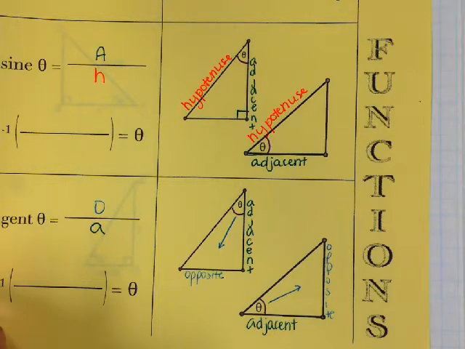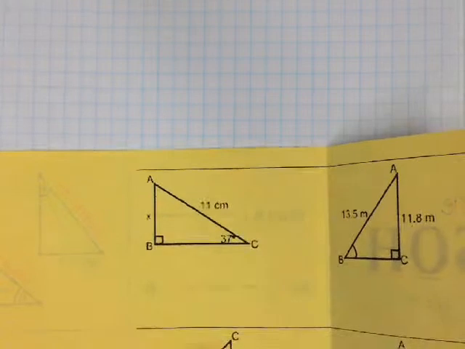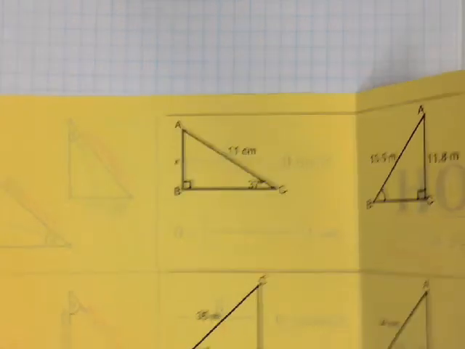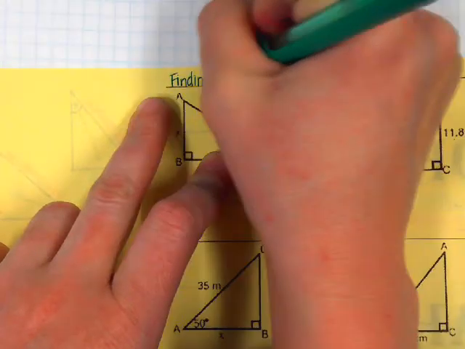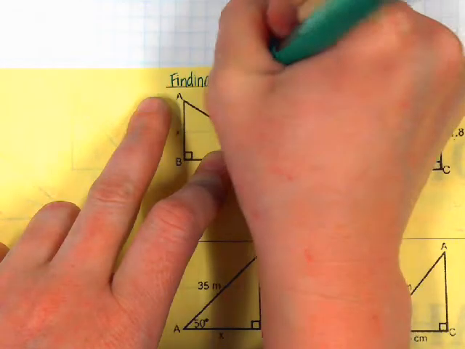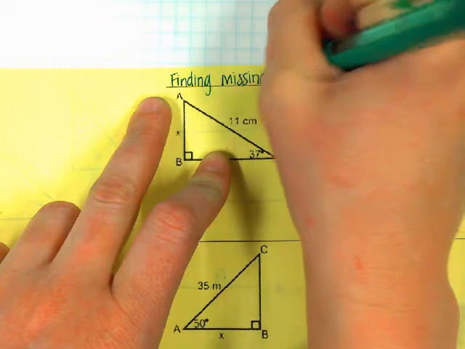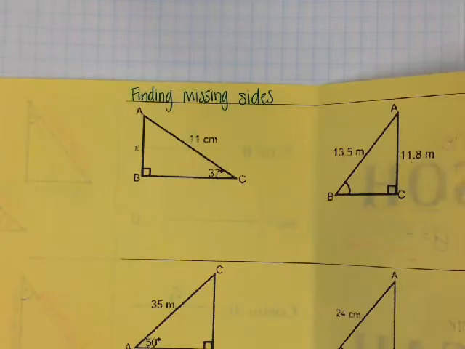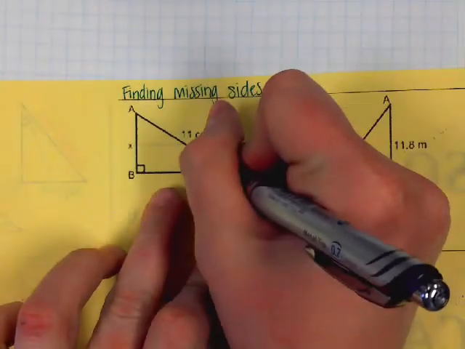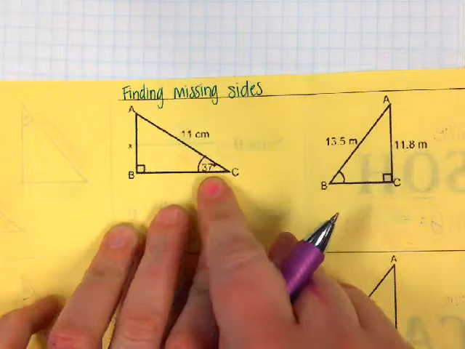So we're going to do this middle section back here on the back. This is for finding missing sides. So we're talking about this angle right here.